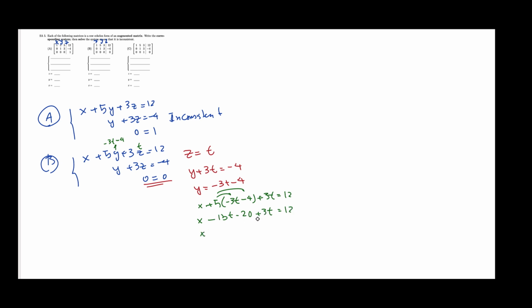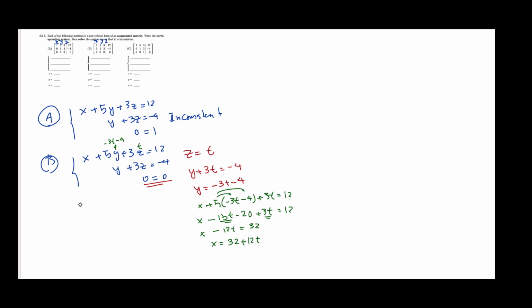We can put the like terms together, minus 12t, take the 20 to the other side, makes it 32, so x is equal to 32 plus 12t.